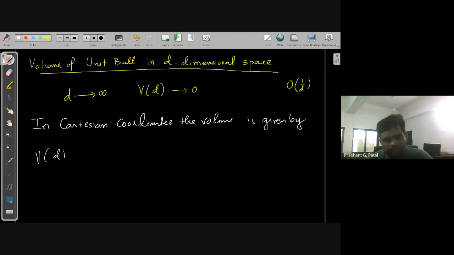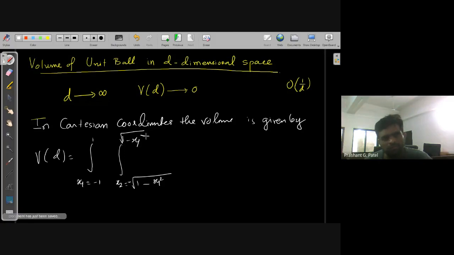Vd is equal to the integral with x1 running from -1 to 1, x2 running from minus square root of 1 minus x1 square to plus square root of 1 minus x1 square, x3 running from minus square root of 1 minus x1 square minus x2 square to plus square root of 1 minus x1 square minus x2 square, and so on.